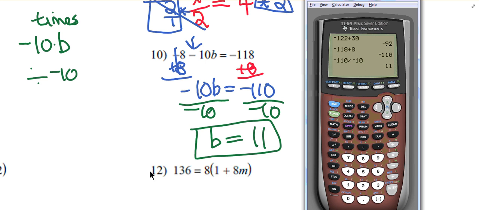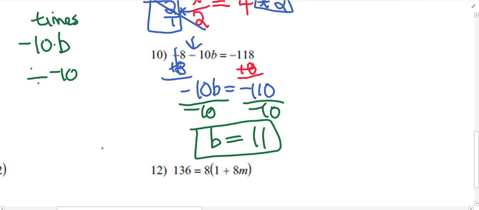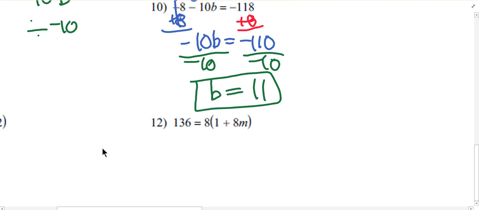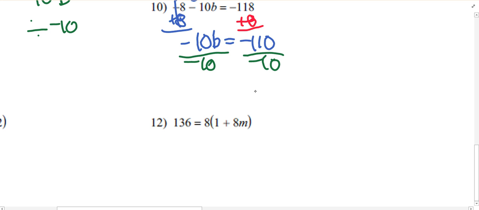Okay, good. The last problem is actually a little easier than a couple of ones that we've already done, so it's good news. It's a distribution problem. So we have to take 8 times 1 and get 8. Then we're going to multiply 8 times 8 to get 64m. And now it's equal to 136. And now this problem is a lot easier to deal with.